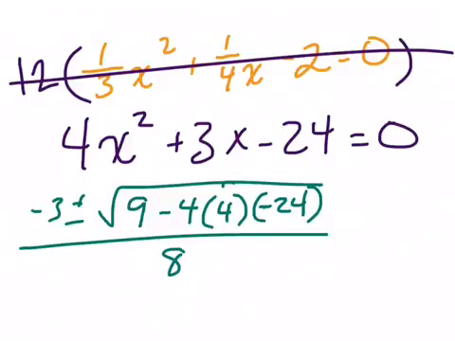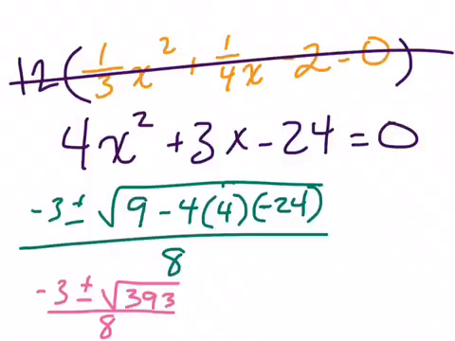Alright, so as we continue this, again, we'll work inside of here first. So negative 4 times 4 times negative 24 is positive 384. And since it's positive 384, it'll be 9 plus 384. So I'll go ahead and add the 9, that's 393. So we now have negative 3 plus or minus the square root of 393 over 8.